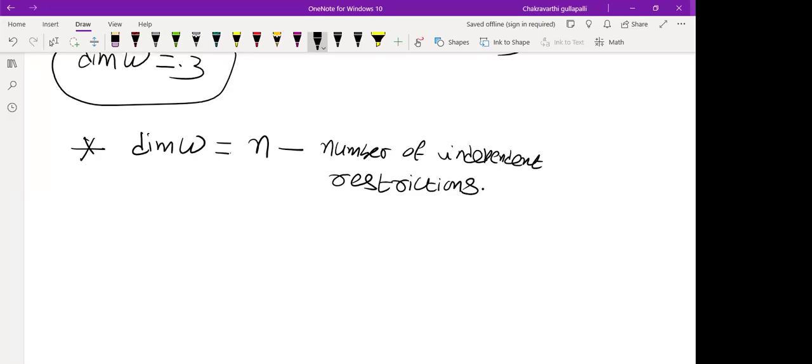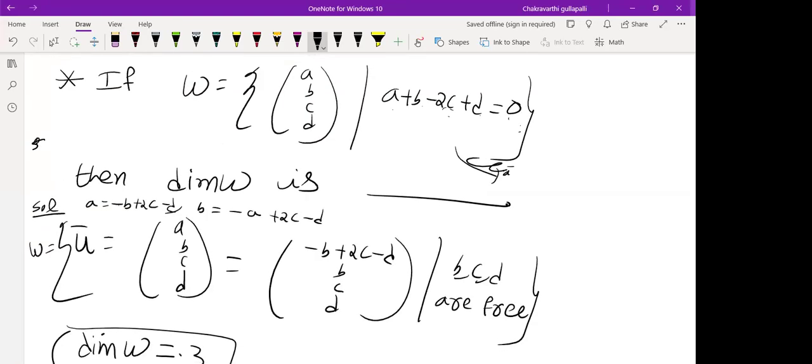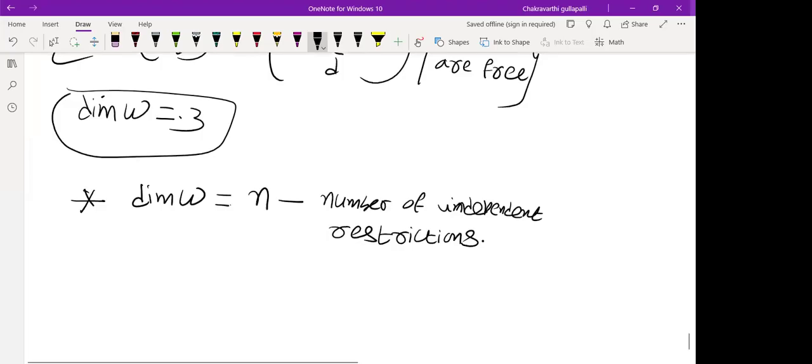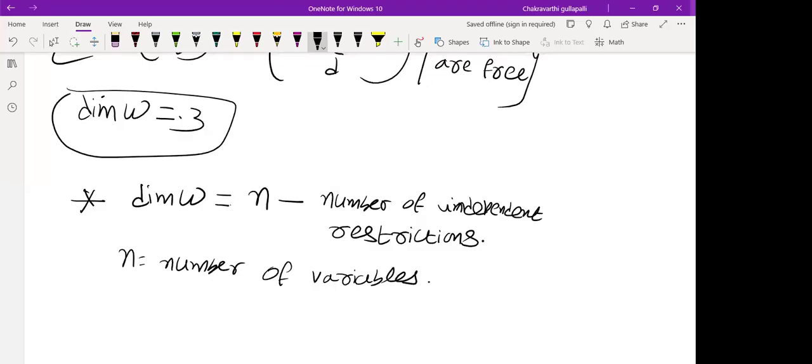So here in the previous question, n means the total number of variables. How many variables are there? 4. N denotes the number of variables, or scalars, minus the number of conditions.